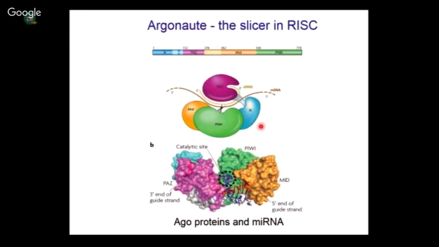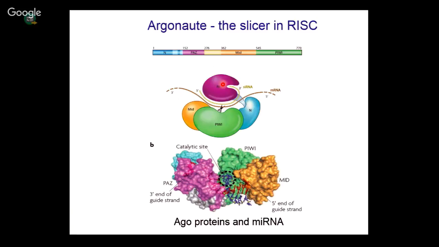This is the structure of AGO2, and it contains a PAZ domain, MID domain, PIWI, and the N-terminal domain. Also showing the target mRNA, and the yellow line is the siRNA associated on the Argonaute protein.